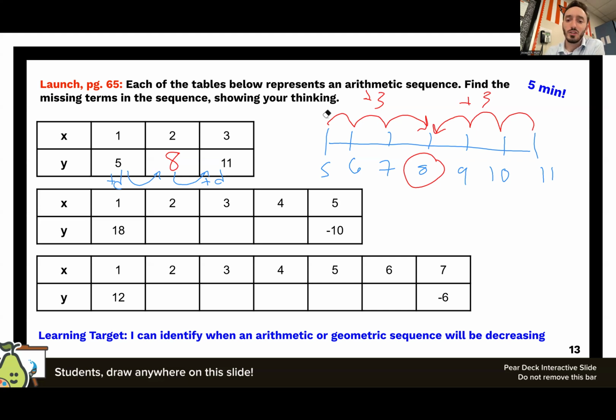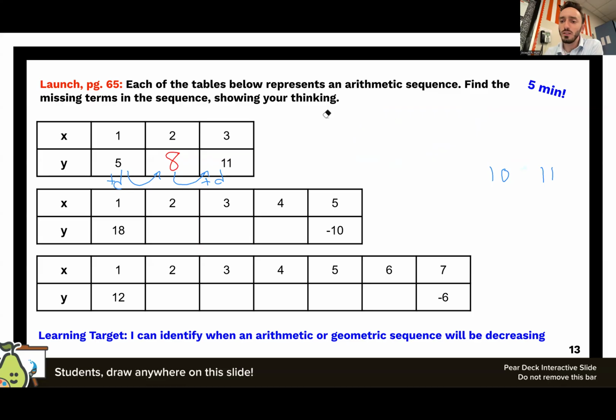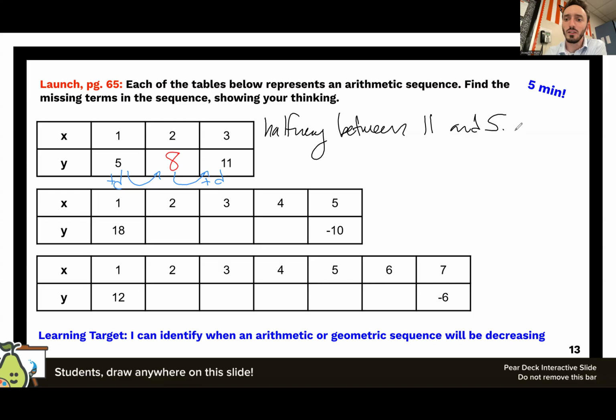A different way that I could try and tackle this that some of you may have thought of is you may have thought, well, I need to find the number that's halfway between 11 and 5.